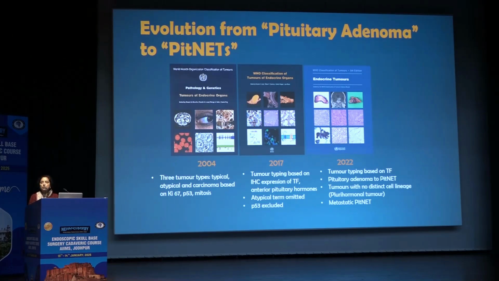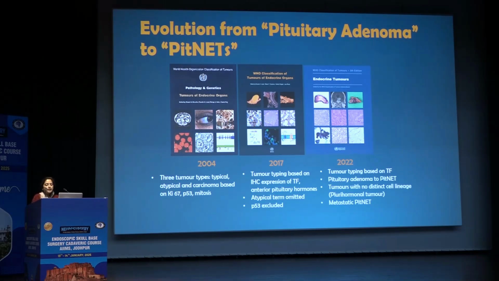But now in 2022, it has totally changed, and now we have to have the IHC expression of transcription factors, the pituitary hormones, and the assessment of low molecular weight keratins. And a new entity has been added, which I'll be discussing later, that is tumors with no distinct cell lineage.